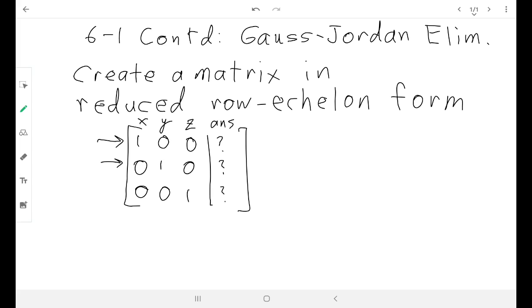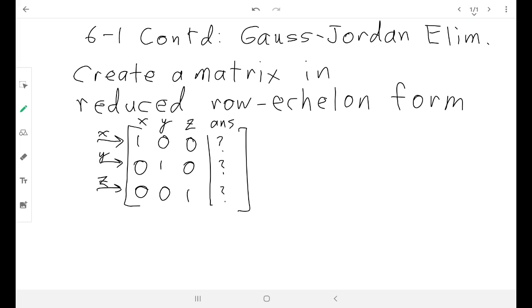In the second row, you know exactly what Y is, because Y is the only thing that you have. And in the last row, you know exactly what Z is. So the disadvantage of this is you have to do more row operations. The advantage is, once you're done with the row operations, you have the answers staring at you.